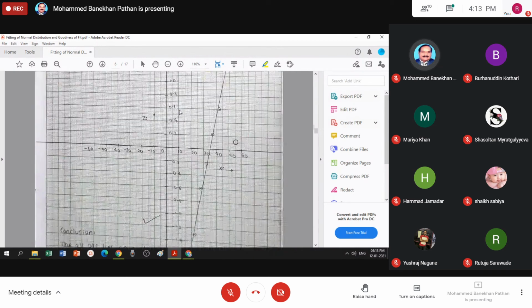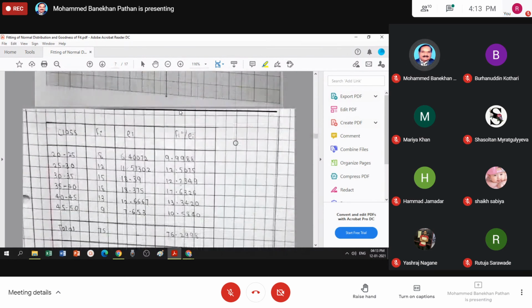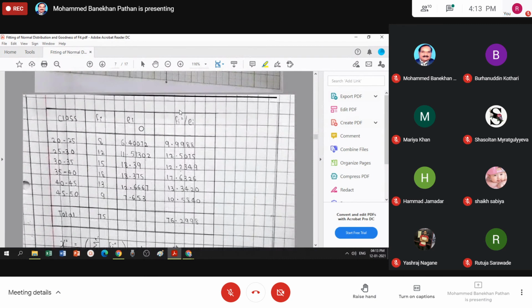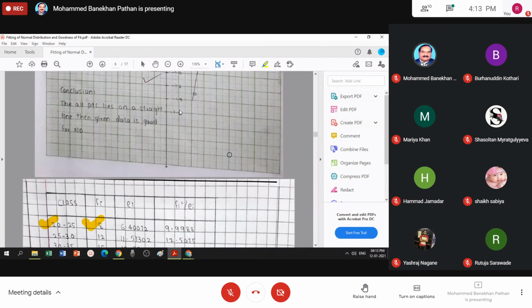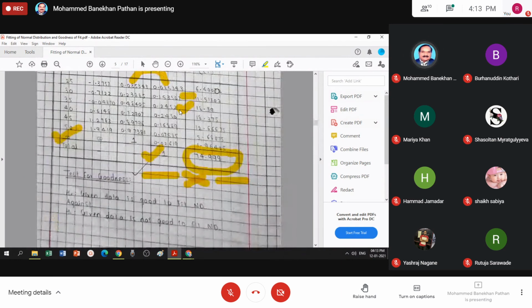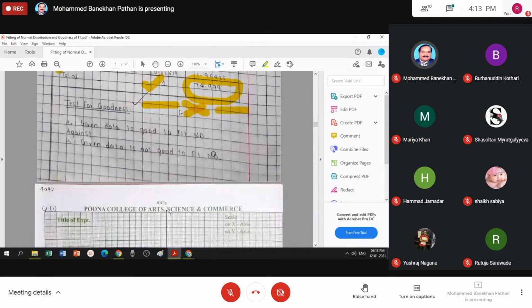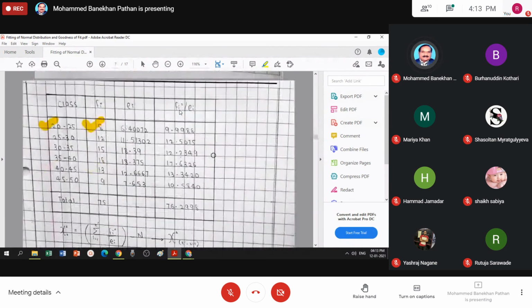Now for this, you have to prepare a table: class, frequency, expected frequency, Fi squared upon Ei. This is given in the question. This is given in the question. Expected frequency, what you got in the previous table, this column. So this column is written under expected frequency.